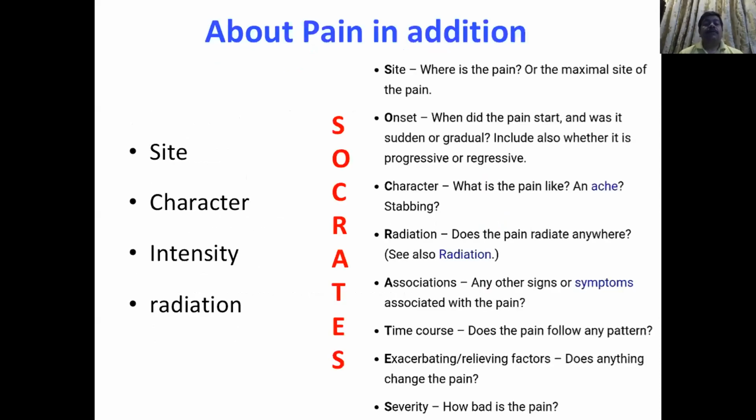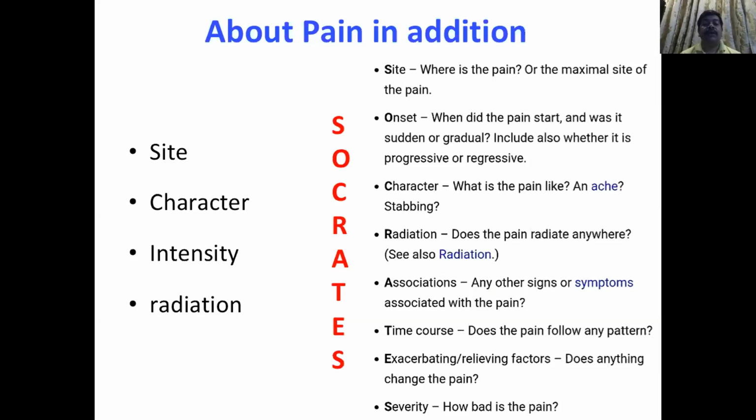But in pain, there would be certain additional things. We are more interested in understanding the exact site, the character, the intensity, and radiation. So for normal symptoms, you want to know the onset, the duration and the progress. But in pain, you want to know certain more things.